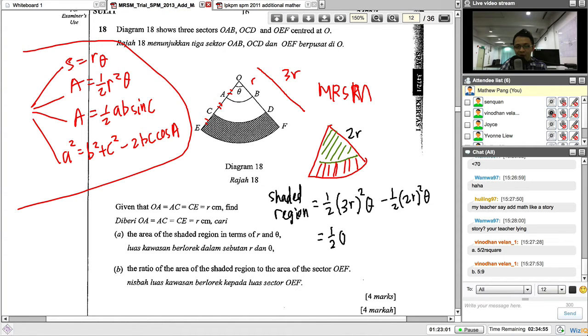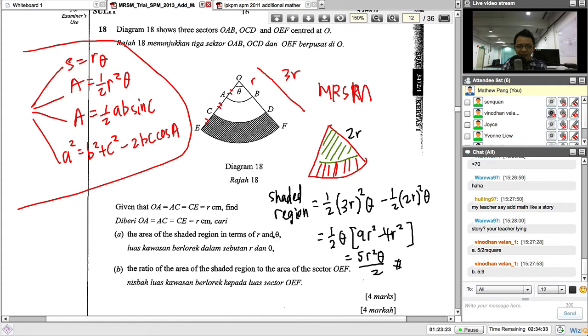I take out 1/2 and theta, so this is 9R squared minus 4R squared, which is 5R squared. So I got 5R squared theta over 2. Done. Very simple, because it asks you to find in terms of R and theta.